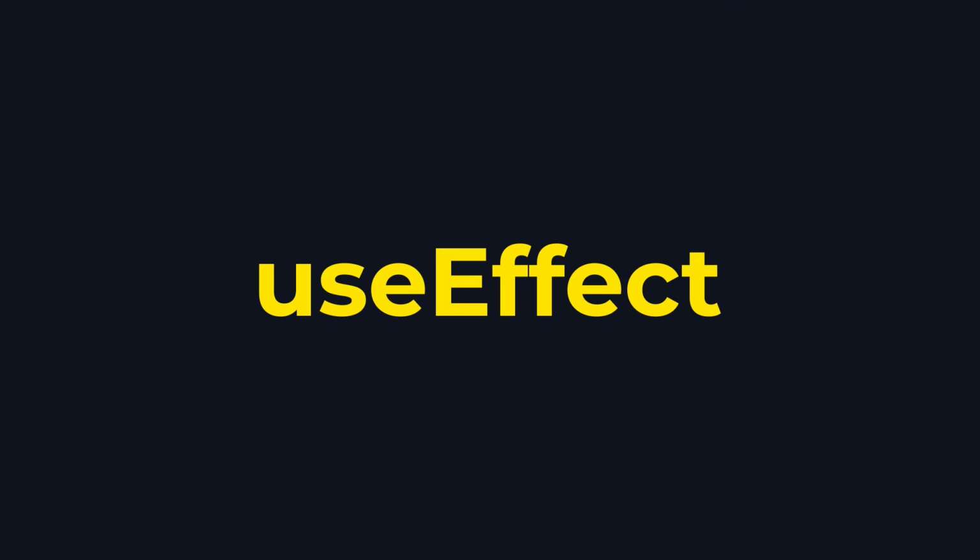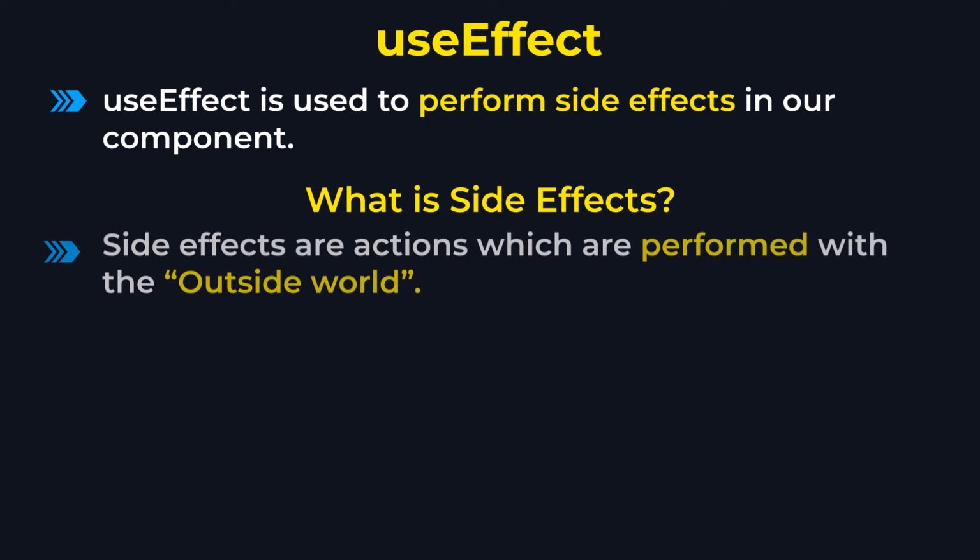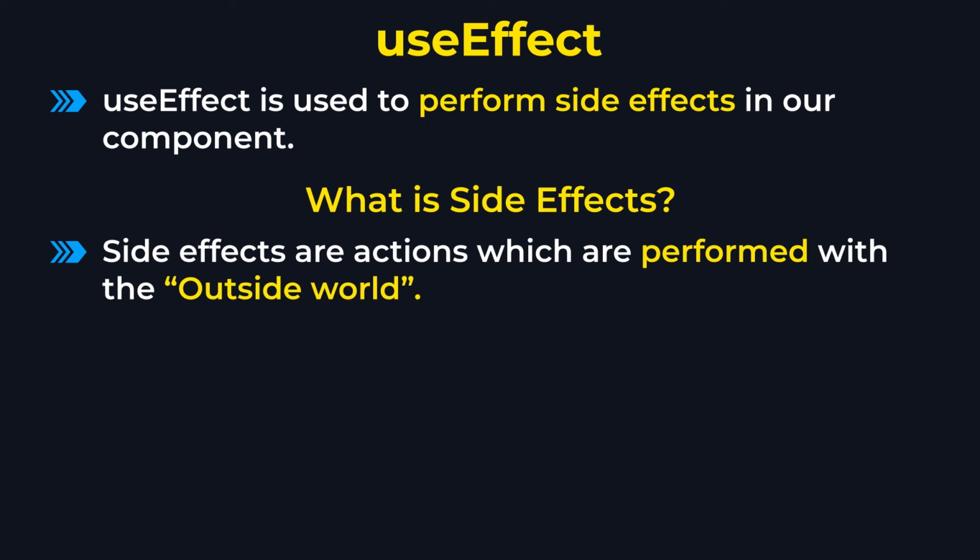So let's first understand what useEffect is. useEffect is used to perform side effects in our component. So what are side effects? Side effects are actions which are performed with the outside world. We perform a side effect when we need to reach outside of our React components to do something.